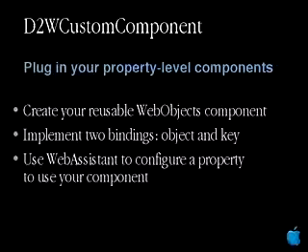D2W Custom Component, second time for developers to wake up here. New in 4.5. You can plug in your own reusable component to display a particular attribute in a page. All you have to take care of is that that component implements 2 keys, one called object and one called key.